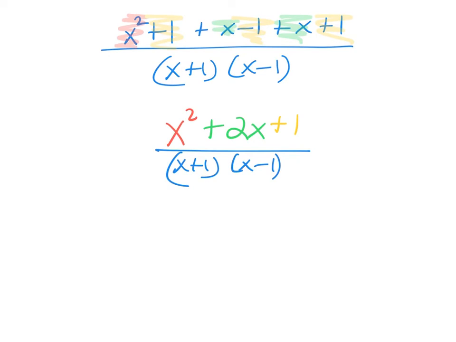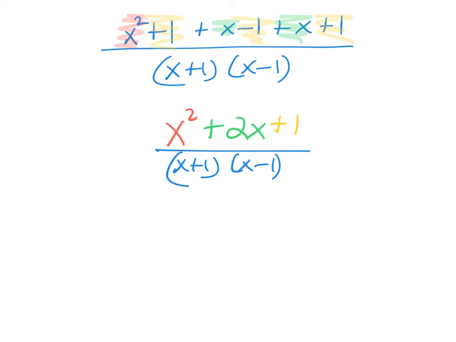Now, what happened to a lot of people on the test is they stopped right here. However, if that numerator can still be factored to get something to cancel in the denominator, we need to do that. And I can factor that trinomial because I can find factors of 1 that give me 2, and that's going to be 1 times 1.